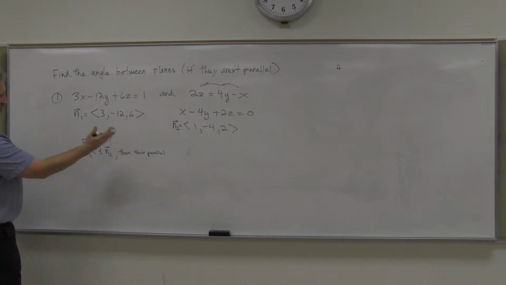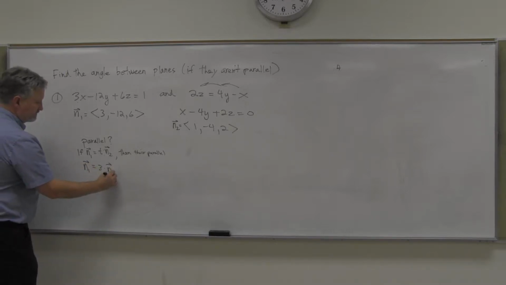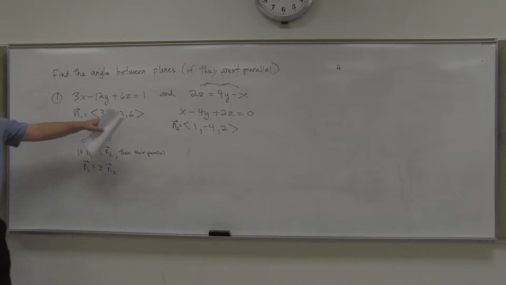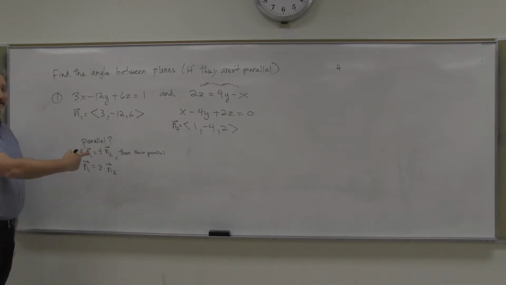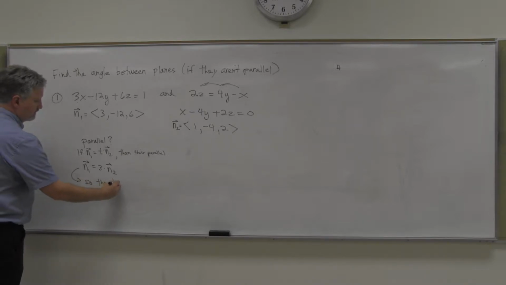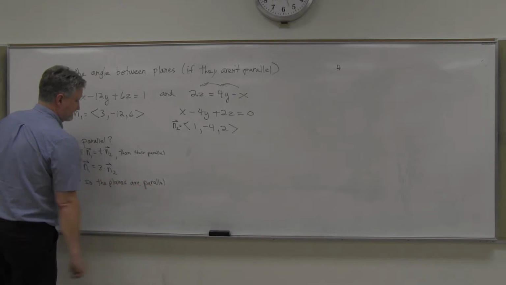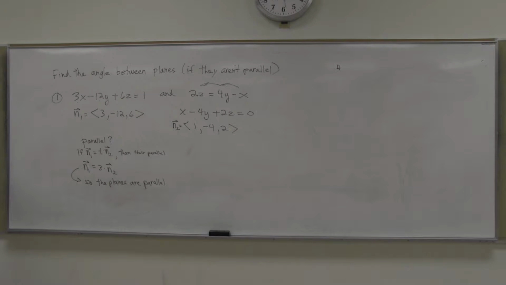Yeah, the easiest way to see it, N1 is 3 times N2. Isn't it? Yeah, perfect. Multiply by 3 on each one. So the normal vectors are parallel, which means also that's how you tell if the planes are parallel. Which means they don't have an angle between them. They never meet. All right.